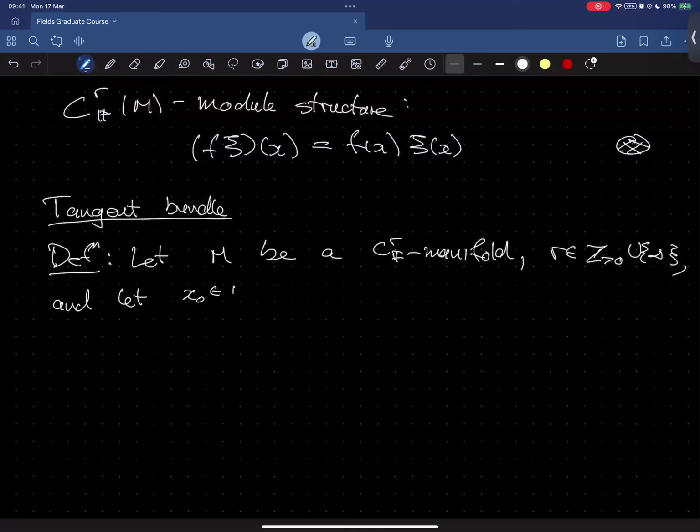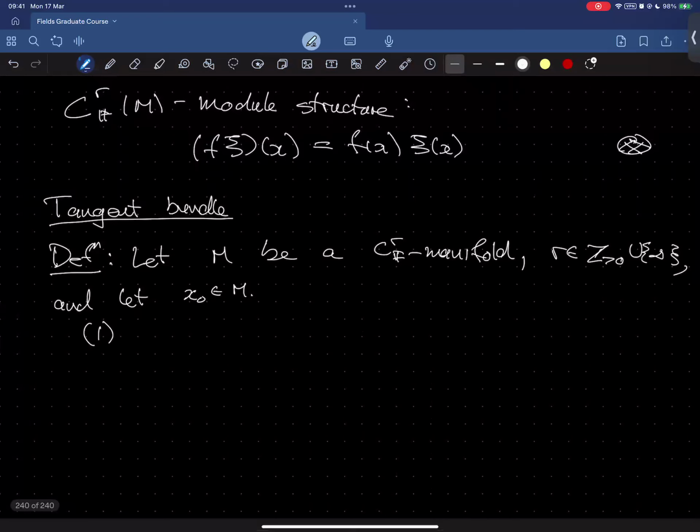Fix a point. So first, a few simple definitions. The first definition is an F curve at x naught.